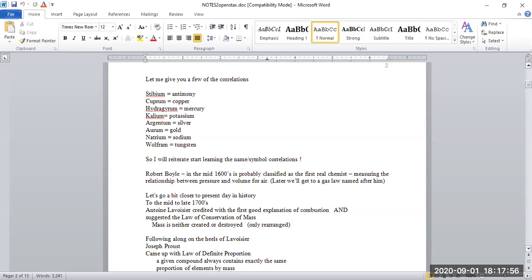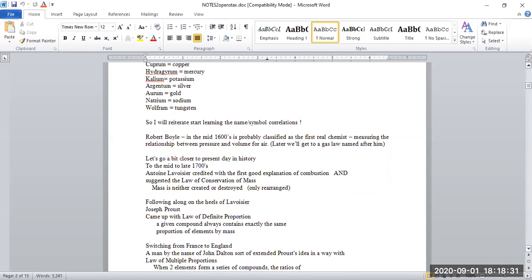We kept the W as the symbol. So this is a good collection of some of the most common ones where, when you look at the English name versus the symbols that are used, they look like they don't match. This is the why, okay? Knowing the whys is often helpful for getting a grip on more complicated information.